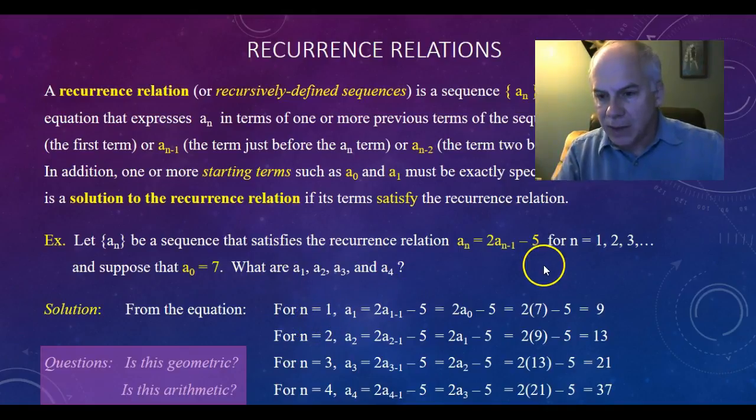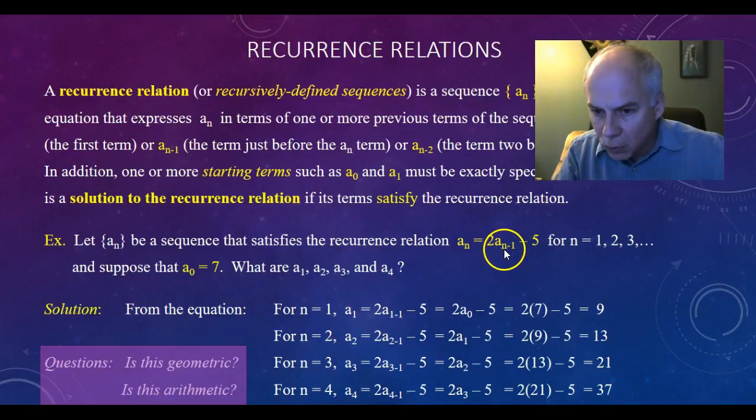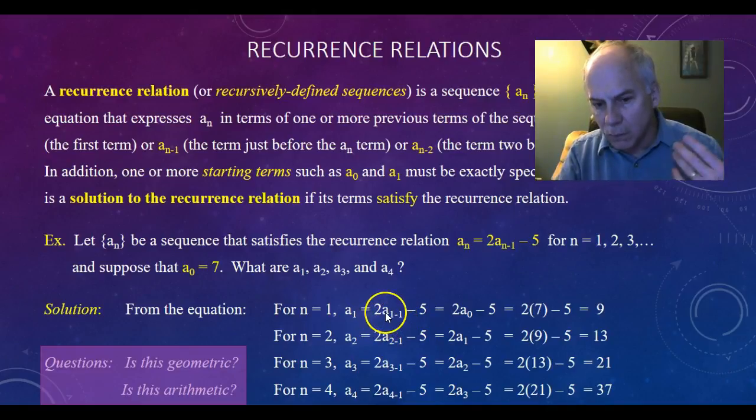Now, from the equation, for n equal 1, I'm putting in 1 here, so 1 minus 1 in the subscript becomes 0. Now, really what we have is not 0, but a sub 0. So what this reverts to is 2 times a sub 0 minus 5.